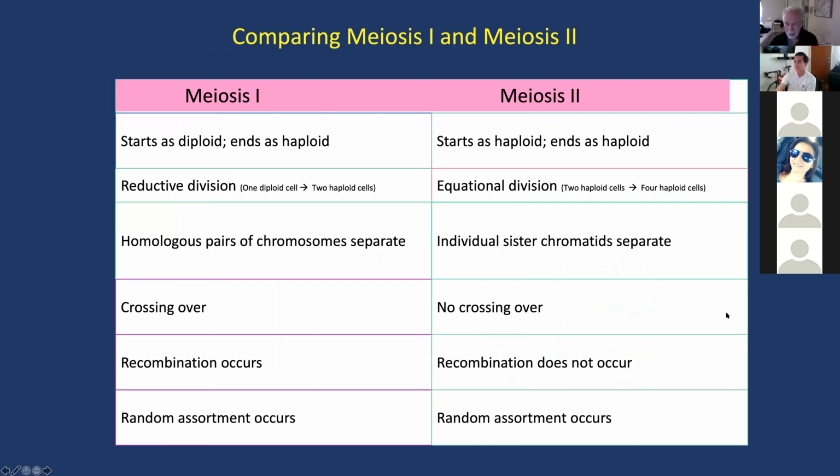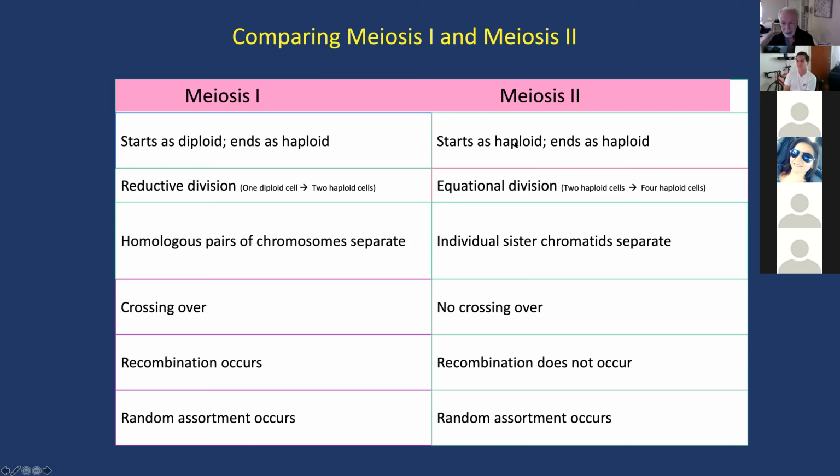So I've set down some differences between meiosis 1 and meiosis 2. Meiosis 1 starts as a diploid and ends in a haploid, whereas meiosis 2 starts as haploid. So the same haploid cells that are at the end of meiosis 1 are the starting material for meiosis 2.